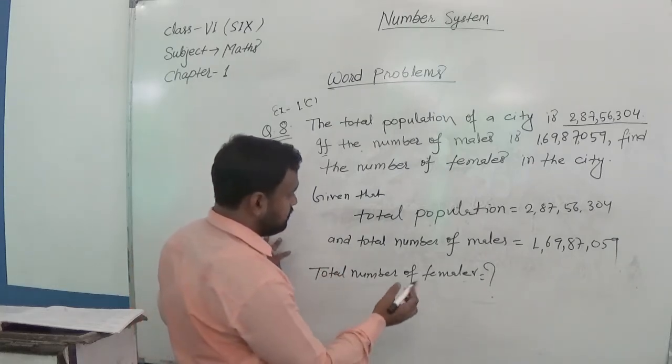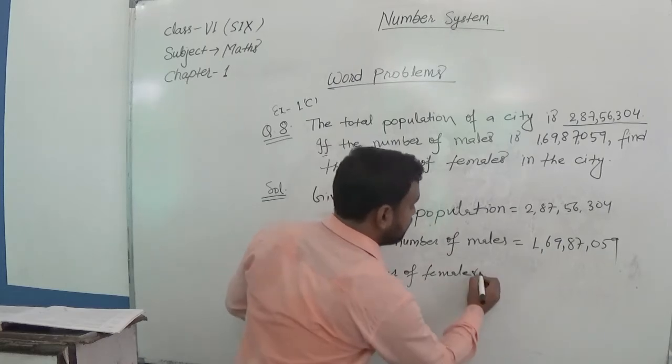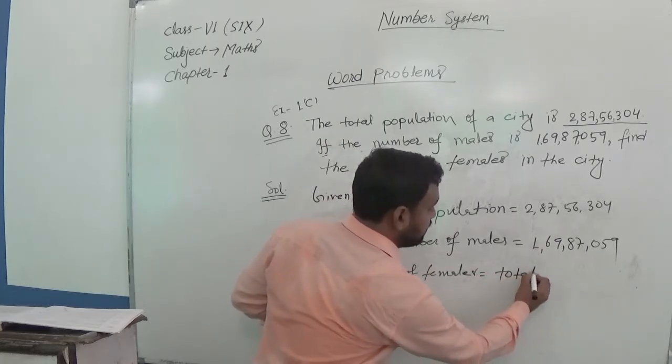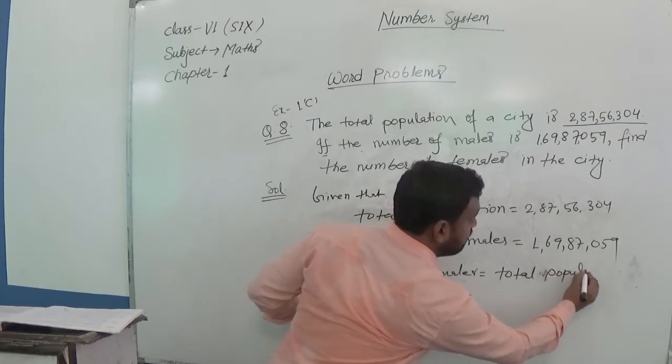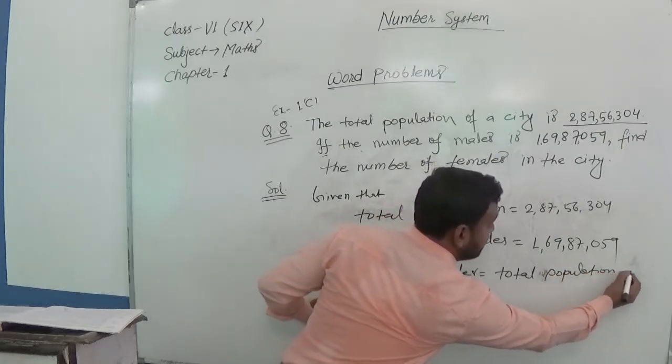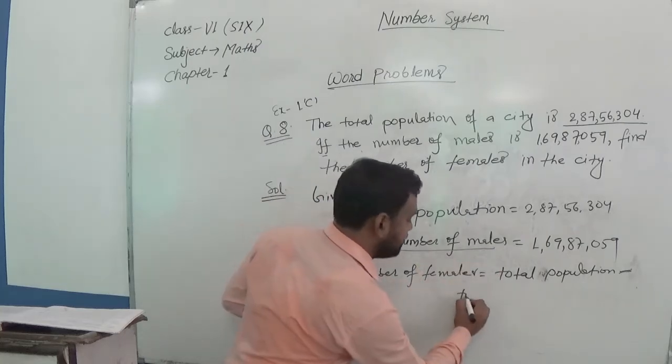Just what you have to do? Subtract. Means you have to write: number of females equal to total population minus total number of males.